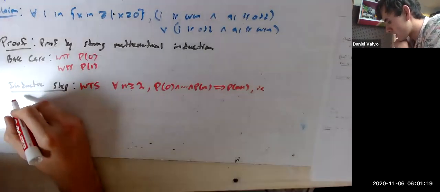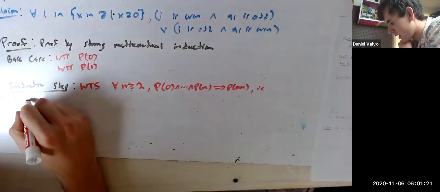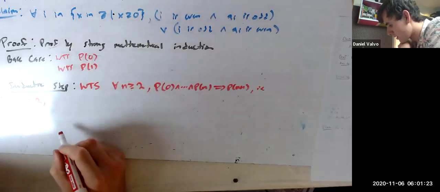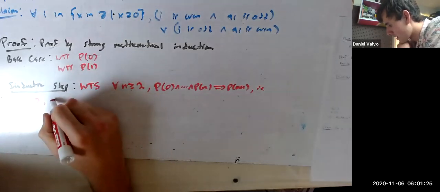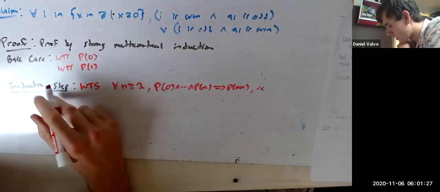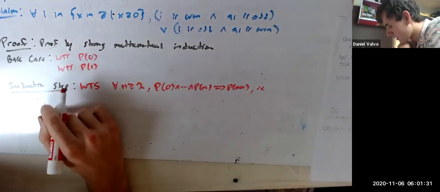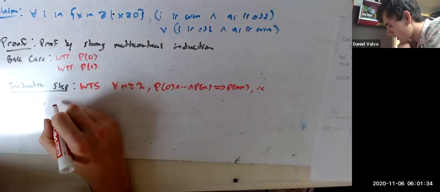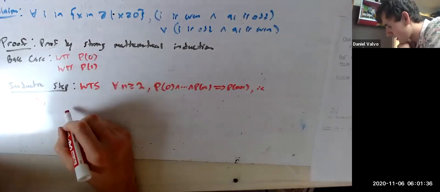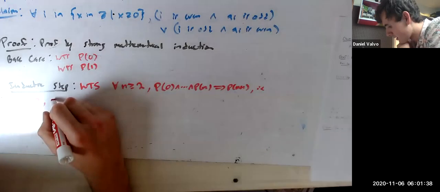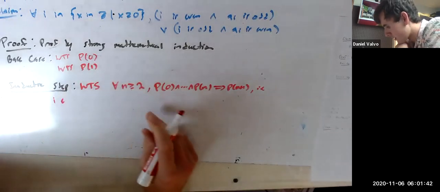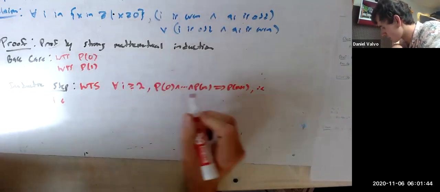That is, we want to show that for all n greater than or equal to 2. Actually, we're using i here, so I'll use i.